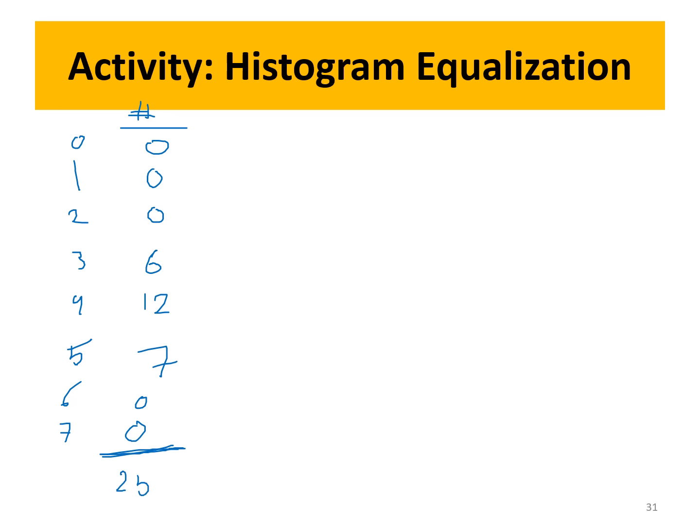25. You're going to create something called probability distribution function, PDF, by dividing each value here by the summation. So 0 by 25, right? 0 by 25, 0 by 25, 6 divided by 25, 12 divided by 25, 7 divided by 25, and that's 0, 0.